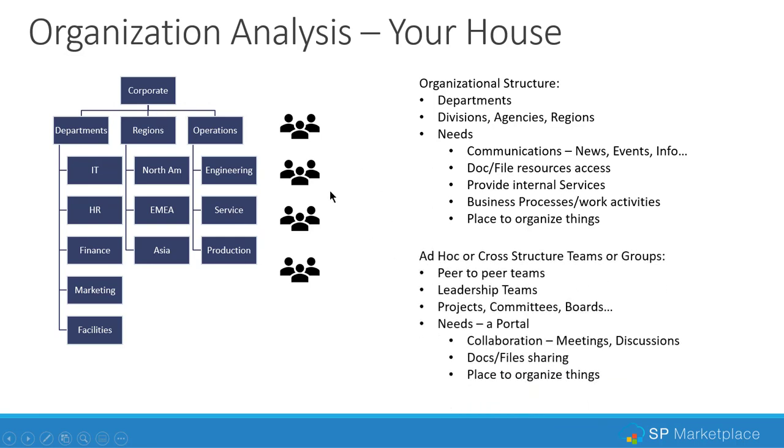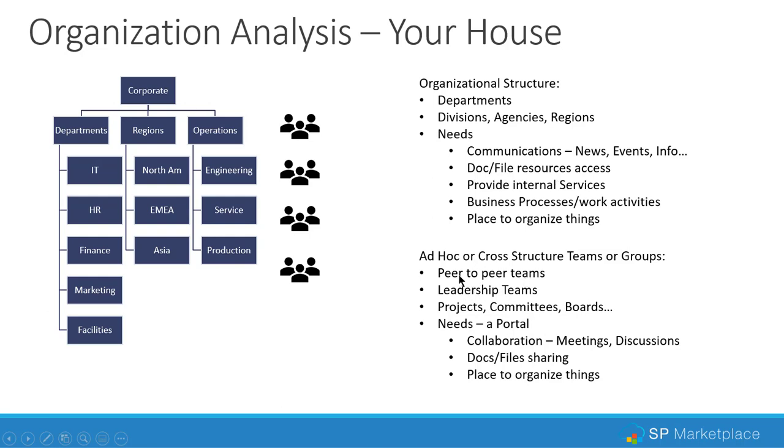Now, there are also these ad hoc teams, and they're less structured. They may or may not need to share news with the rest of the organization. It's not as important that their resources be available and organized so that employees can get to them. It's usually more peer-to-peer sharing.